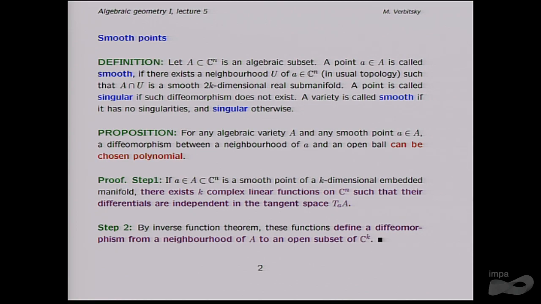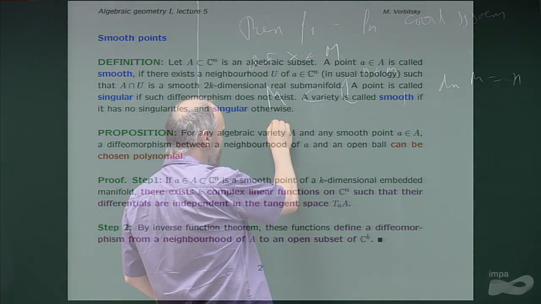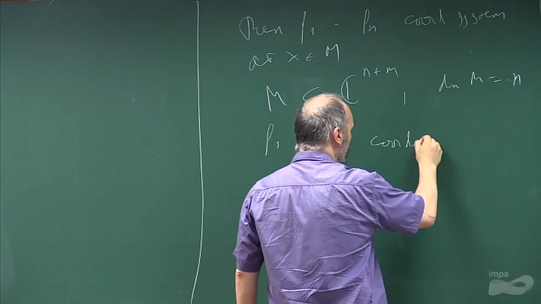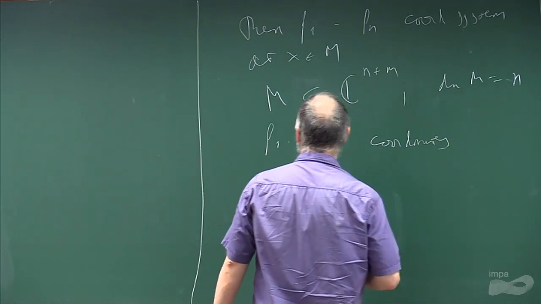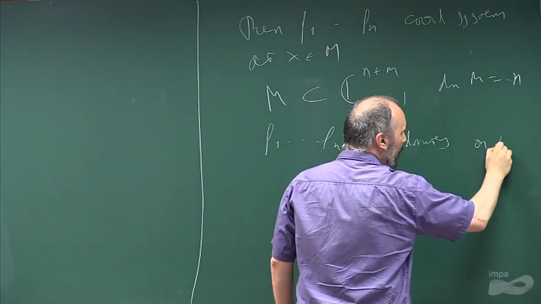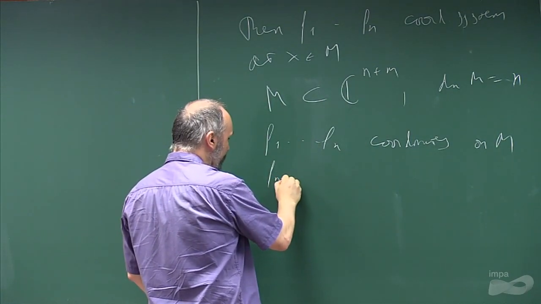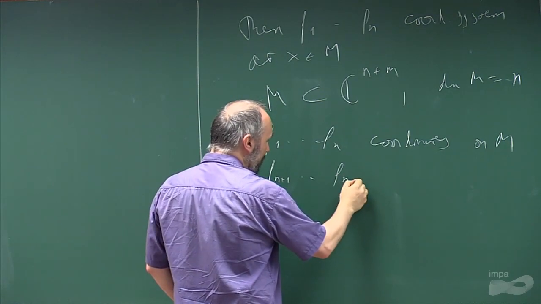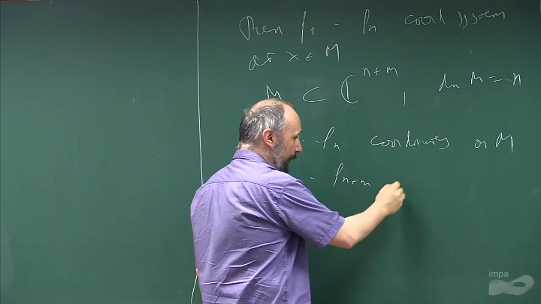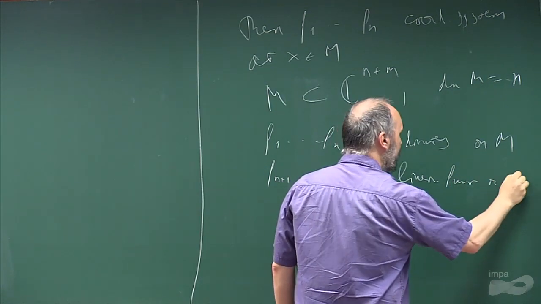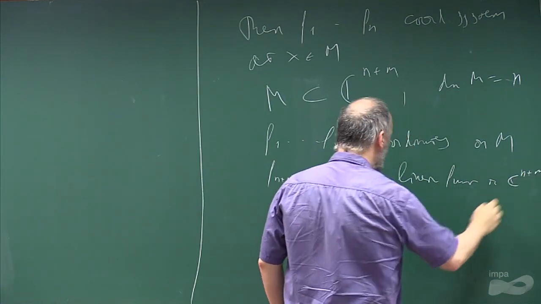You have linear functions which give you coordinate functions f1 through fn on M. You can choose them linearly, but then there are f(n+1) through f(n+m), other linear functions on C^(n+m).